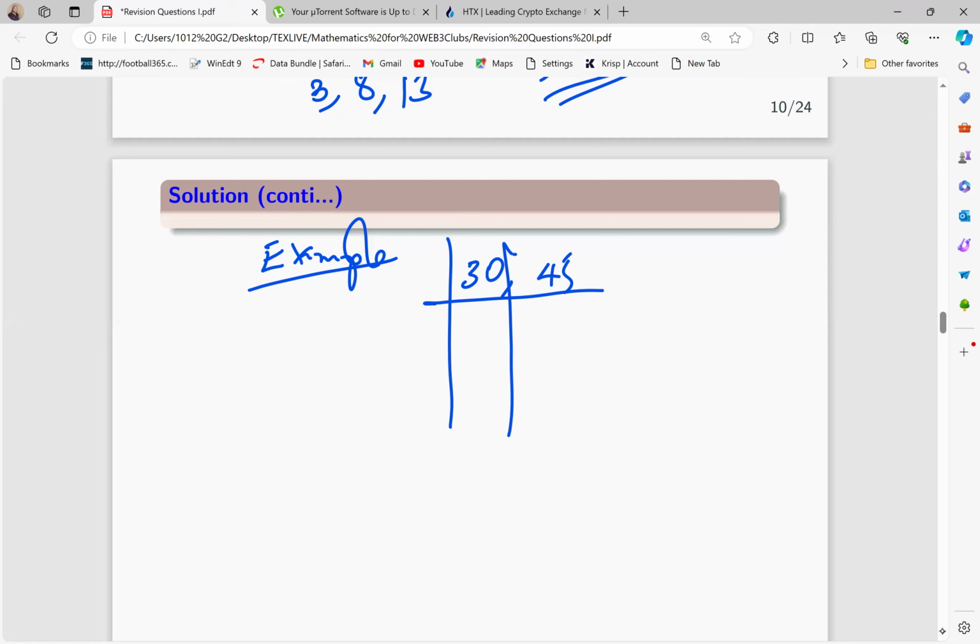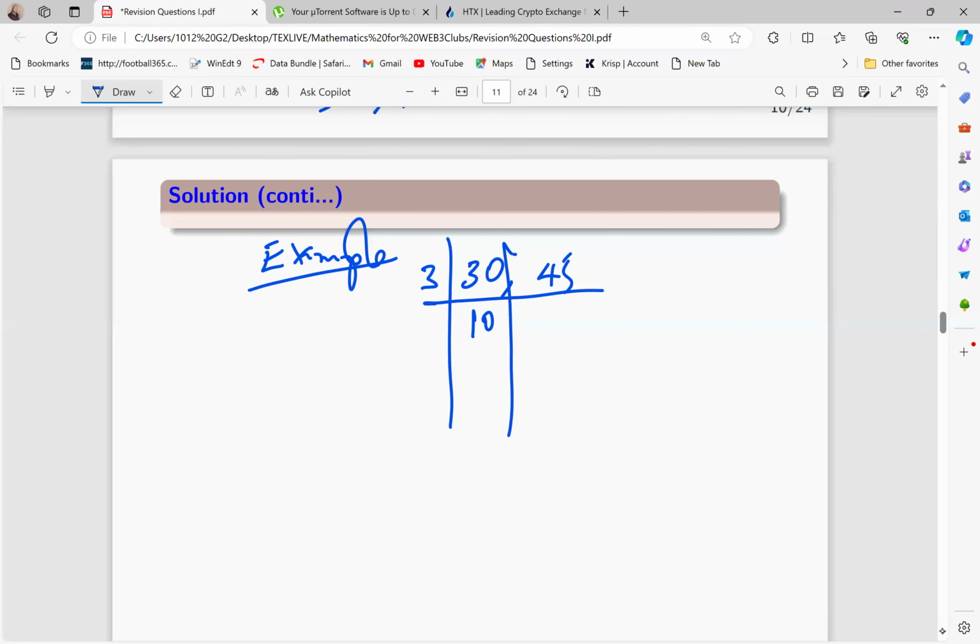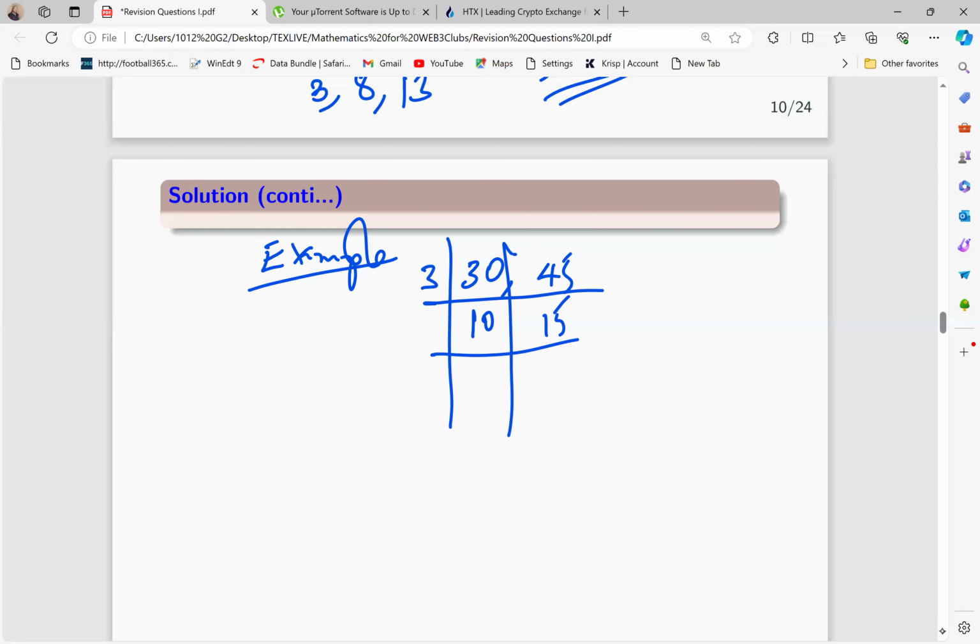So you would say, for instance, the common factor of these two is 3. 3 goes here 10 times, 3 goes here 15. Then again, you would pause and ask yourself, what's the other common factor? A number that can divide both. So you would see that the other number is 5. You would divide both. 5 will go here twice and here 3 times.